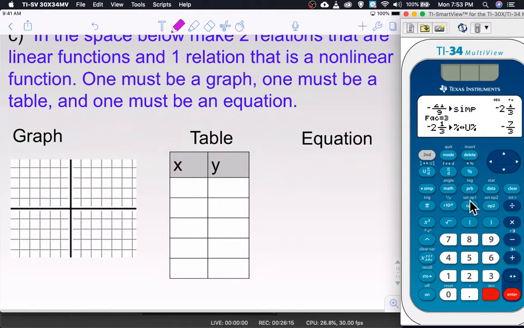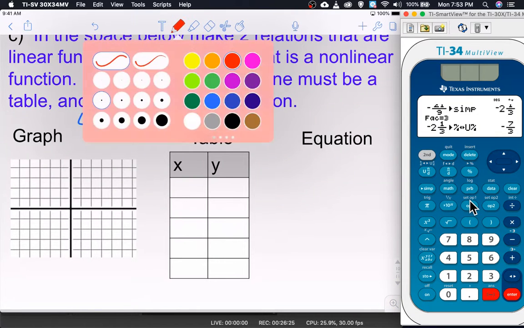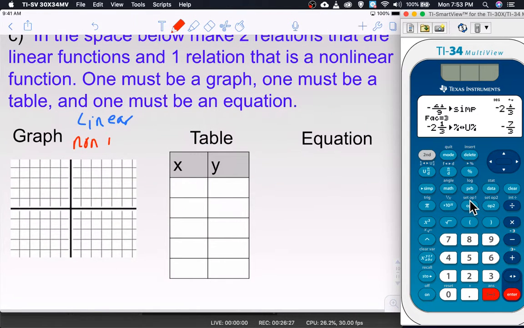Now, out of these three, I'm actually going to do both. I'm going to do blue is linear, and red is non-linear. If you did a non-linear graph, all you have to do is draw something that's not a straight line. Now, there is a caveat here. If you did this, that is not a non-linear function because that is not a function.